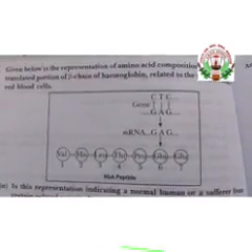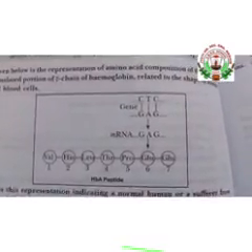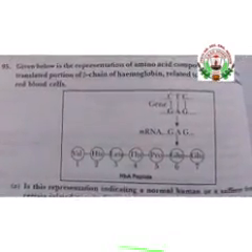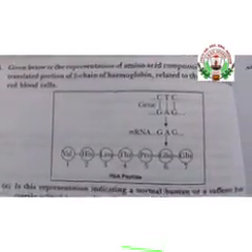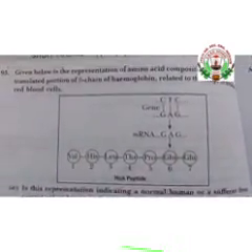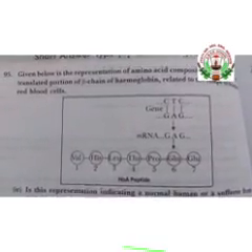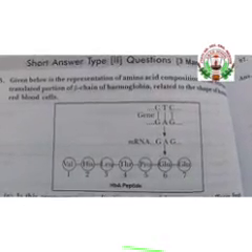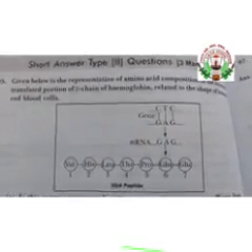Let's see another question. Given below is the representation of amino acid composition of the relevant translated portion of beta chain of hemoglobin related to the shape of human red blood cells.